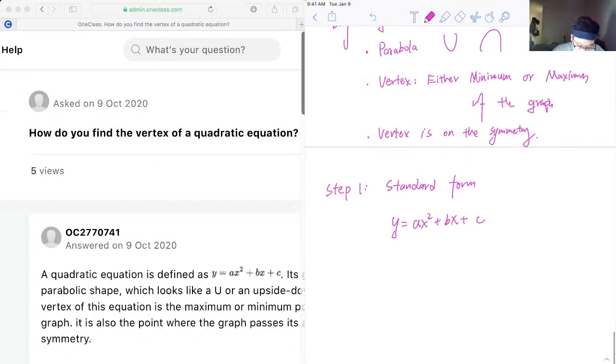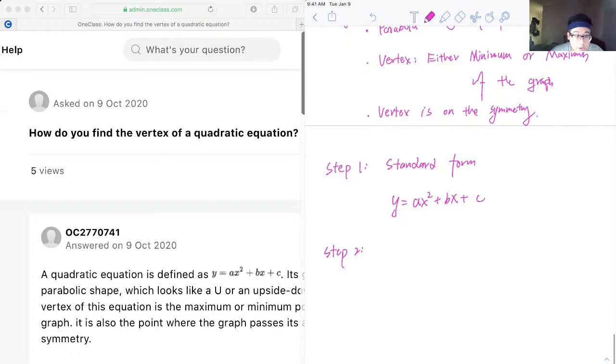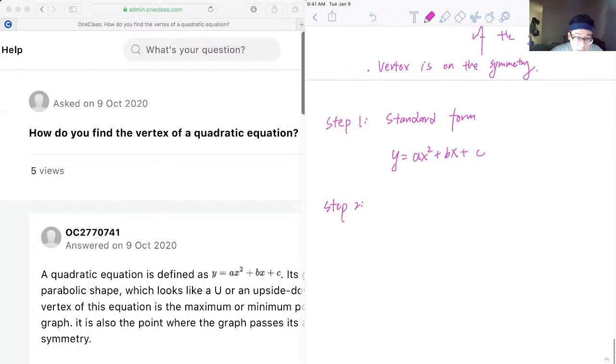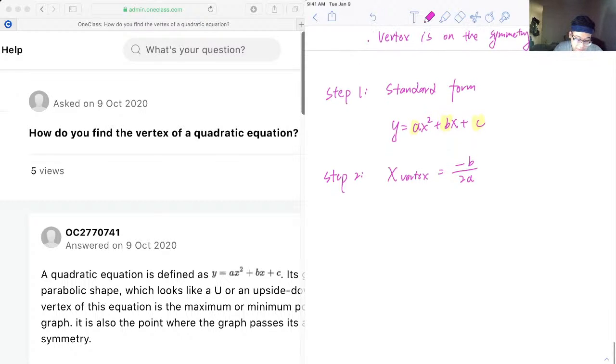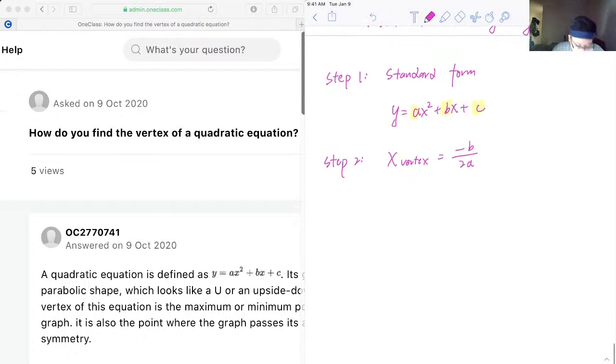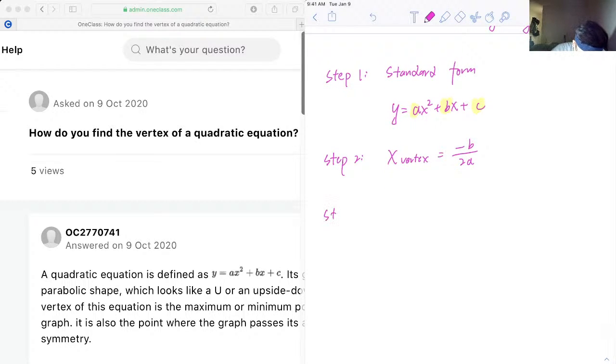Okay, and second, we need to calculate the x coordinate of the vertex using x vertex is equal to negative b over 2a. So from the a, b, c you have from step 1, we substitute those numbers into negative b over 2a. So we will have the x coordinate.